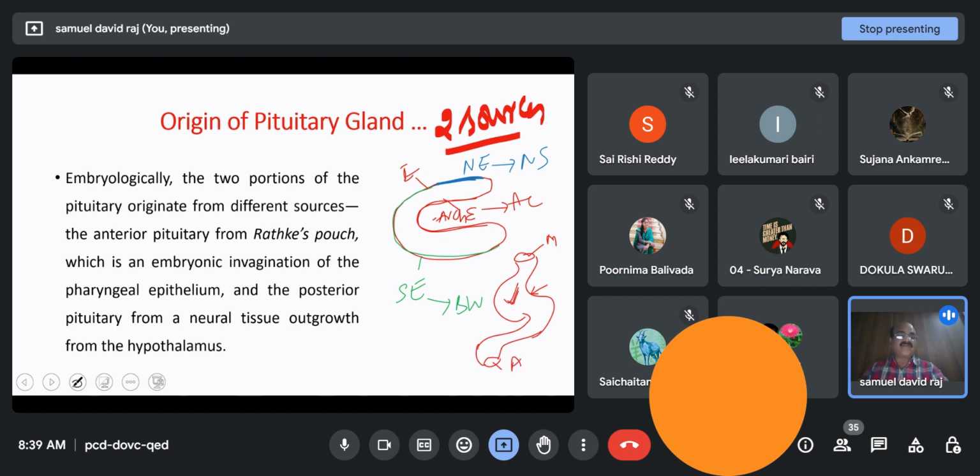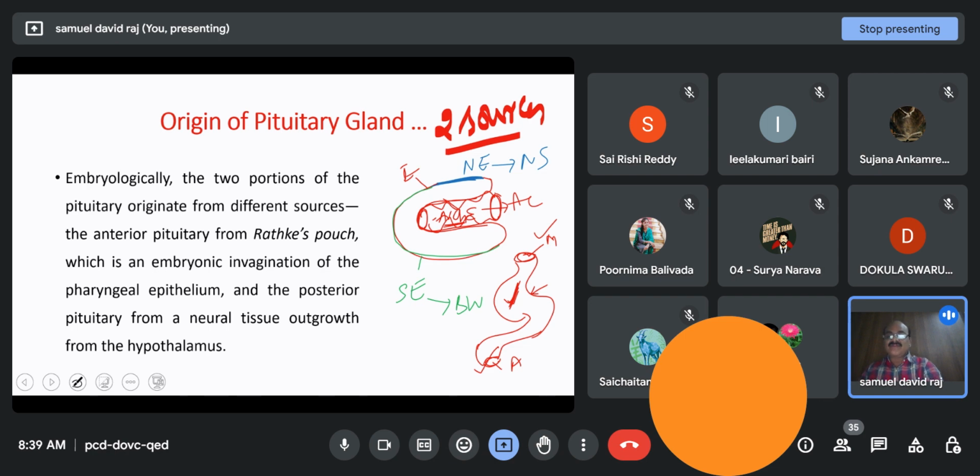So if this cavity is derived from archenteron, one of these two openings should be derived from the opening of the archenteron. This is called blastopore, this entire opening. So here in us, the blastopore becomes anus. That means on this side, mouth develops. So between these two, the alimentary canal develops.